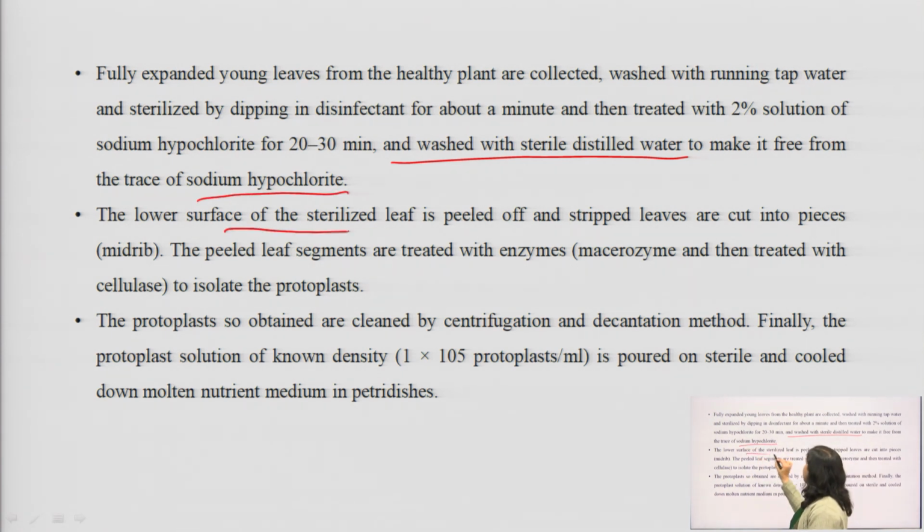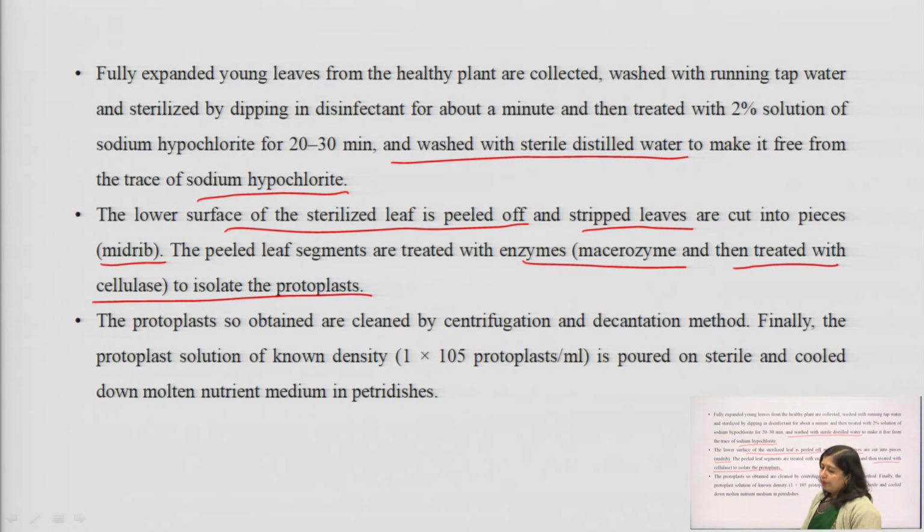The lower surface of the sterilized leaf is peeled off, and then the stripped leaves are cut into small pieces, mainly the midrib area. The peeled leaf segments are treated with enzymes like mesozyme and then cellulase to isolate the protoplasts.